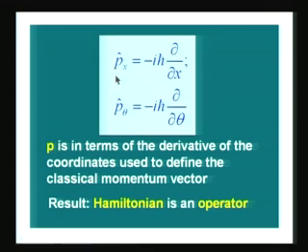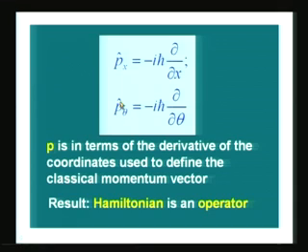Momentum is a vector, and if we represent the vector in a certain direction, the component of the vector in that direction, for example along the x axis, we write the momentum component as px. The quantum mechanical quantity for px will not be the px itself, but will be given by this strange quantity minus i h bar, where h bar is h by 2 pi, partial derivative del by del x.